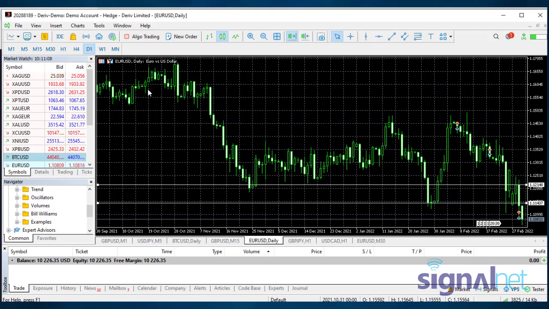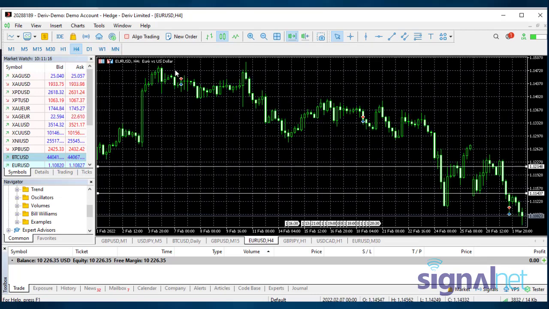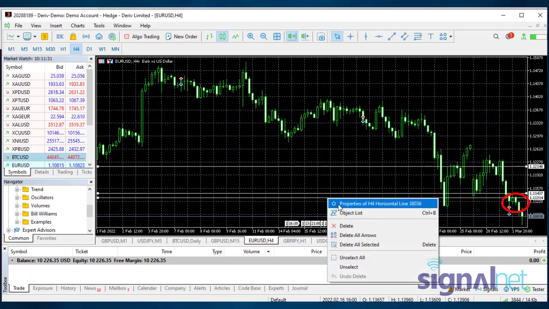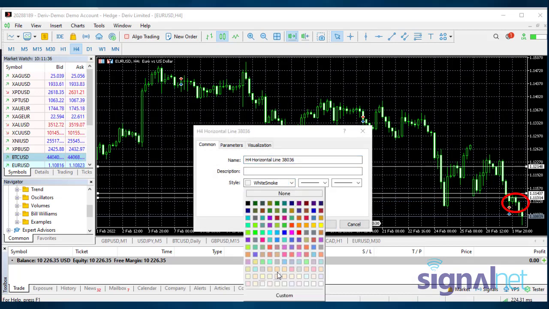Okay, let's move to 4 hours. Let's see levels we can find on the 4 hours. Okay, so in 4 hours, I normally use something close to white, but not exactly white. So I'll look for a color that is kind of like off-white.